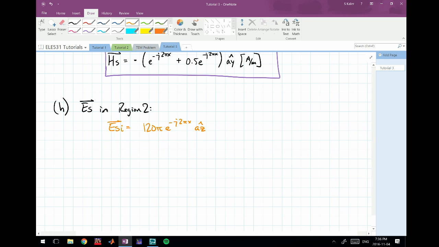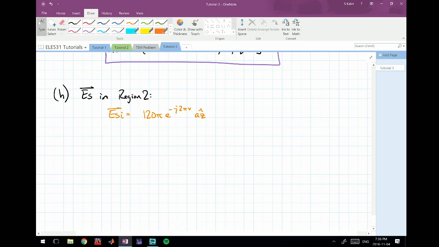Correct? So this is incident, in free space. Now it's asking what the transmitted wave is, essentially. So it wants to find what's in region 2.